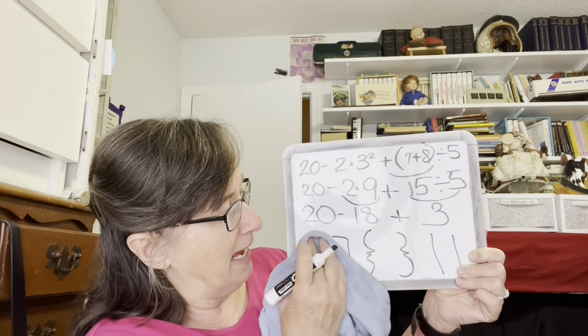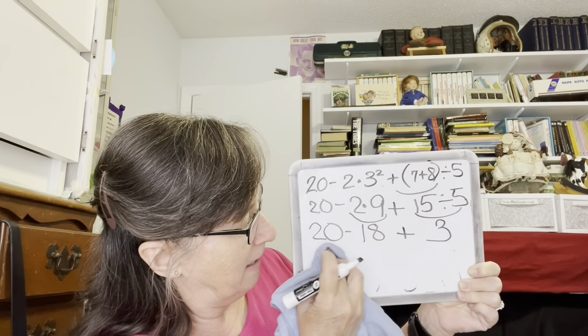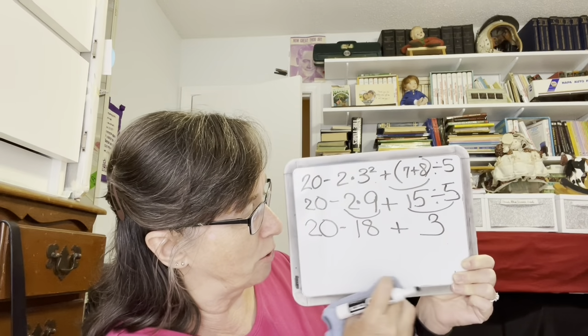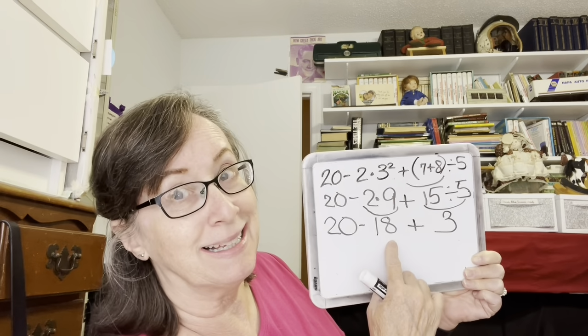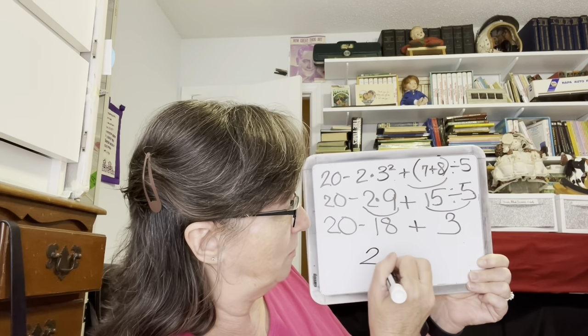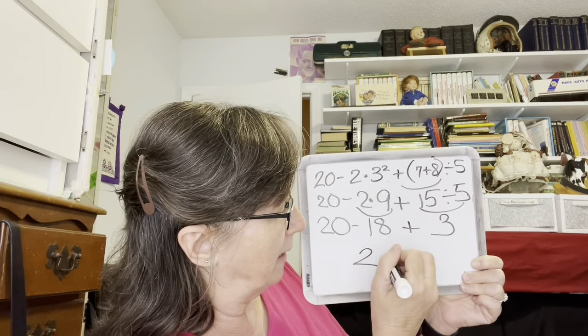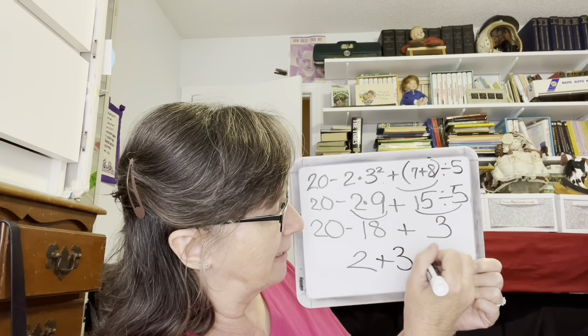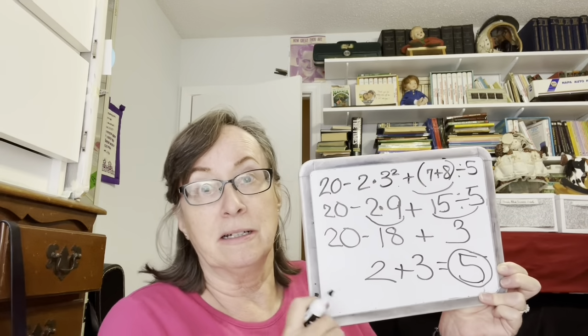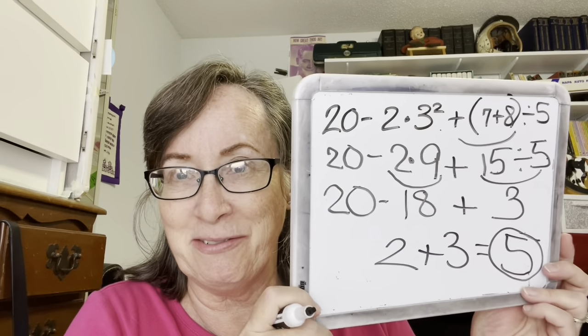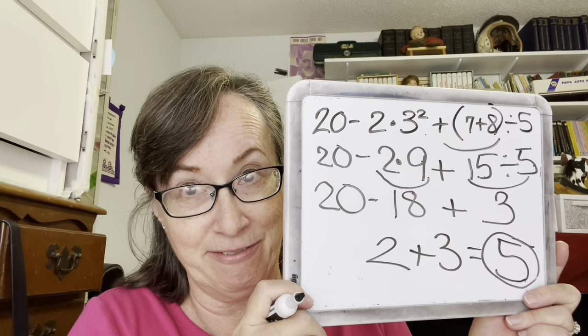Okay, and lastly, we're going to add and subtract left to right. So 20 minus 18 is 2, and then 2 plus 3 is 5. And the answer properly figured is 5.